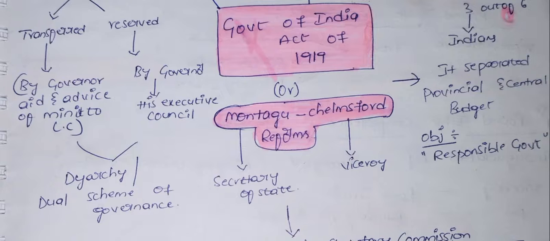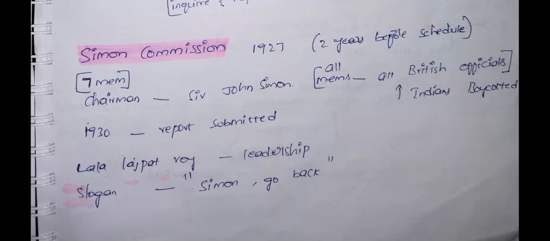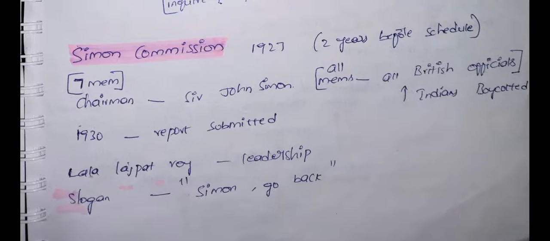This Government of India Act 1919, the Montagu-Chelmsford reforms, provided for a statutory commission to inquire and report on its working after 10 years. So the Simon Commission was appointed in 1927, which means 2 years before the scheduled time. The total members were 7, and the chairman was Sir John Simon.